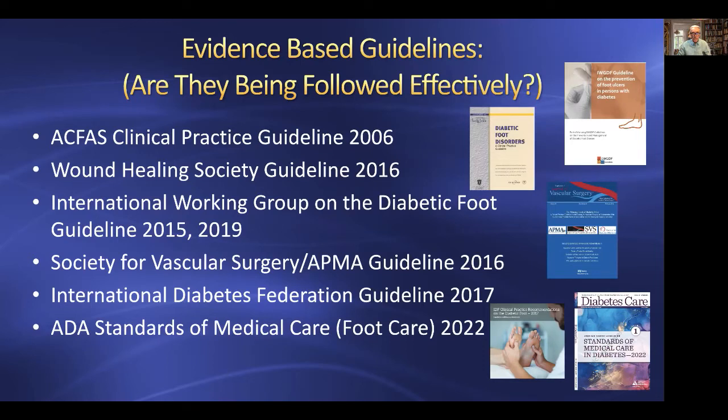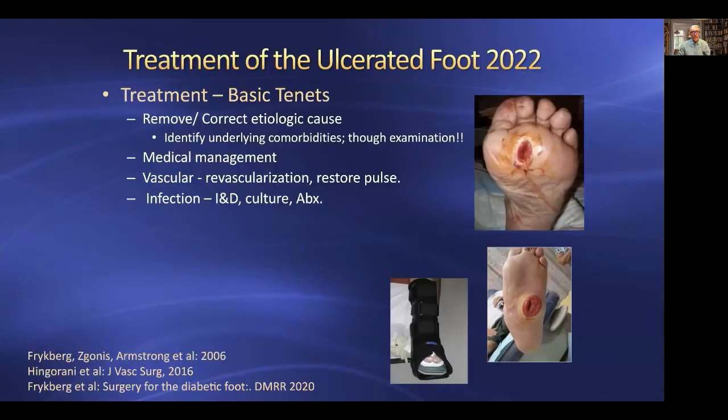Diabetes Care publishes a new standard of care every year, but we need to follow these guidelines carefully. They really haven't changed much in the last 15, 20 years, except technologies have changed, but we need to follow the basics of care. And the treatment of the ulcerated foot in 2022 is no different than it was in 2002, except for some new types of advanced therapies.